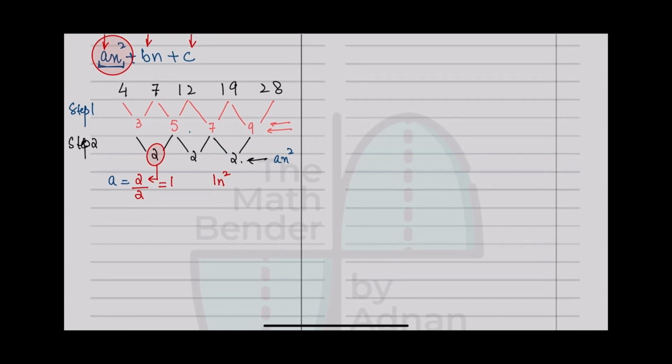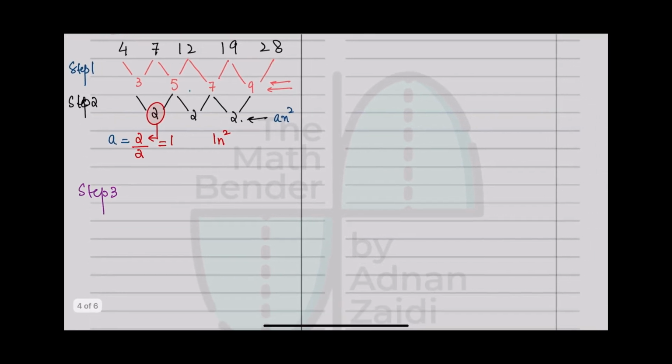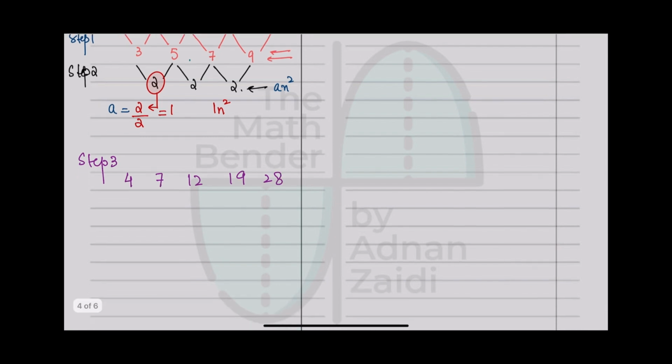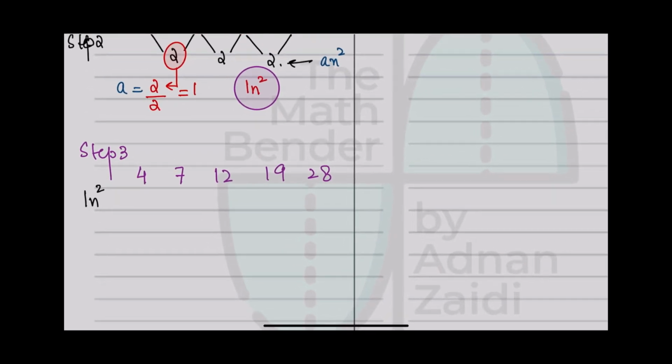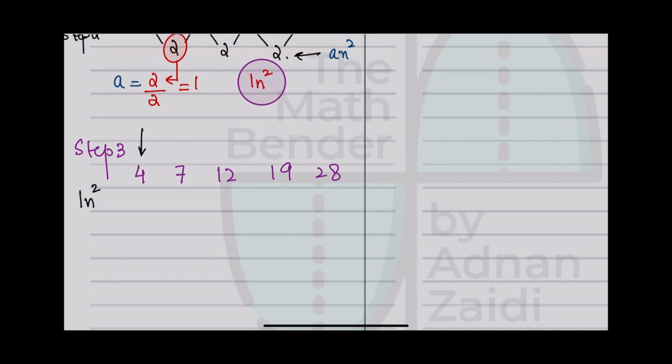Now step 3. Let's write down the pattern again. 4, 7, 12, 19, 28. And this pattern, now make another new pattern out of it. And I'll write down here 1n squared. And since this is the first term, I will write n as 1.